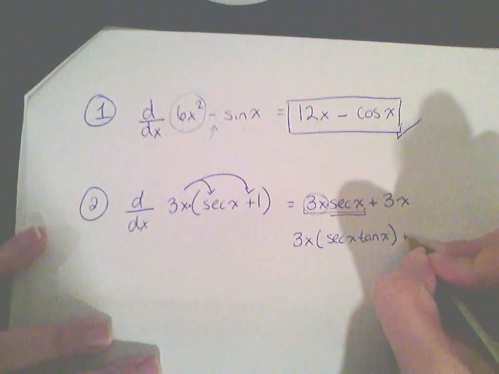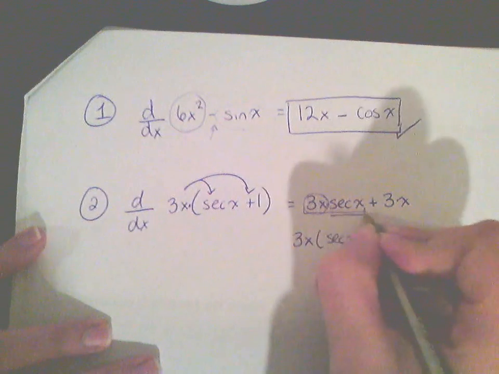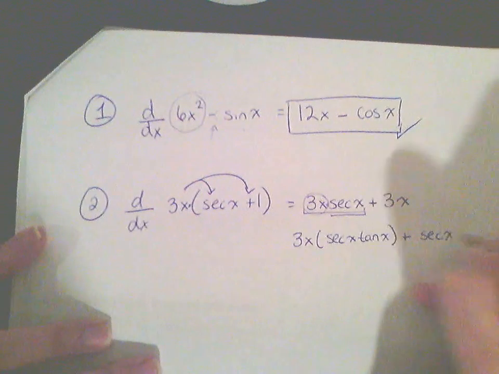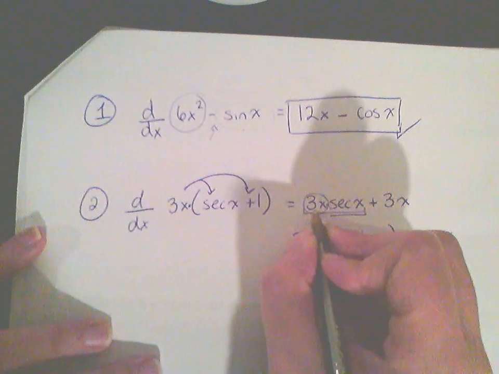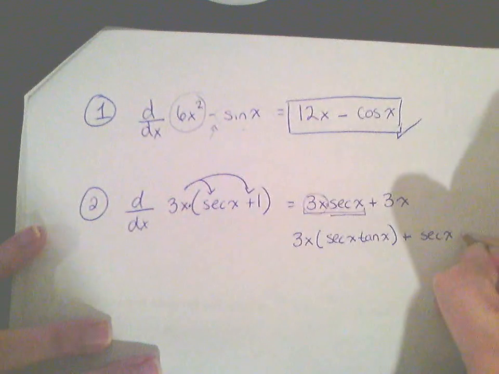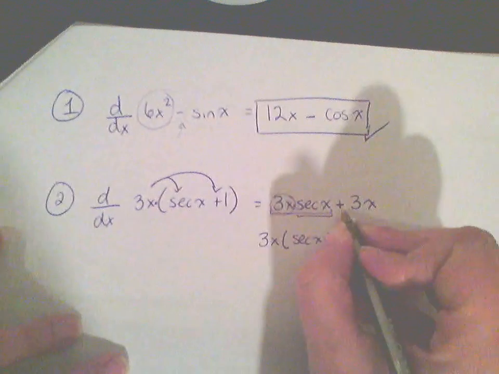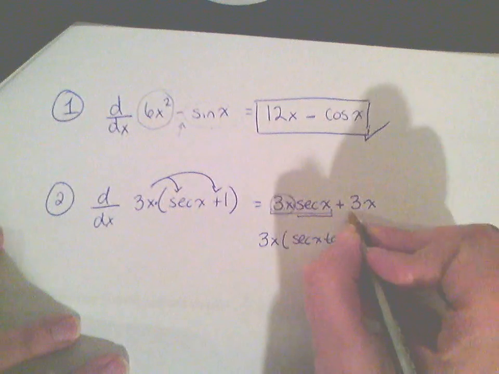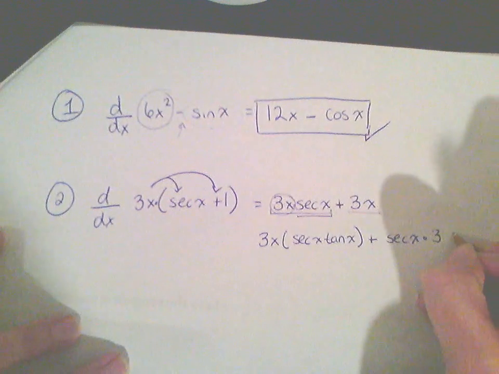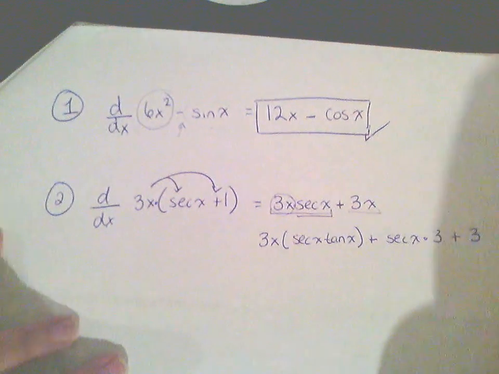And then plus the second guy, so secant x, times the derivative of the first guy, which is times 3. And then plus 3x, what is this derivative? So it's just going to be plus 3.